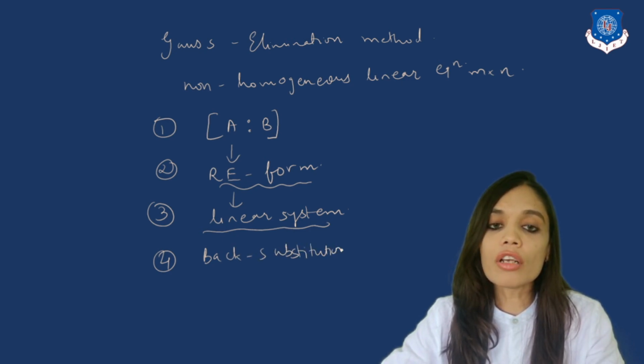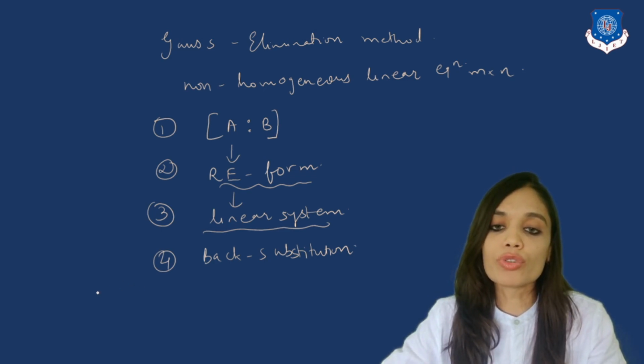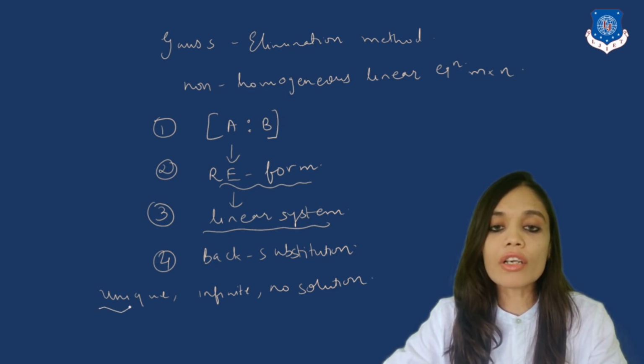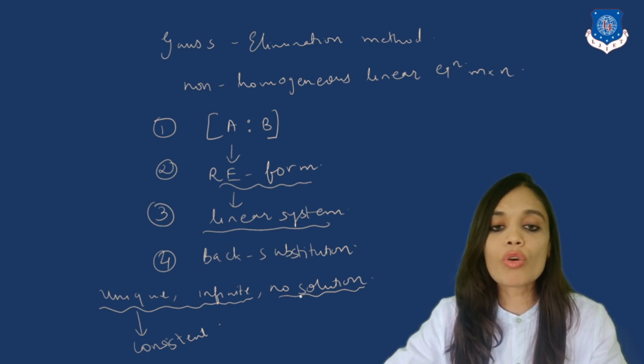In all, we have three types of solution, namely unique solution, infinite solution, and lastly no solution. Suppose if we get a unique or infinite solution, then the system is known as a consistent system. And suppose if we get no solution, then the system is known as inconsistent.